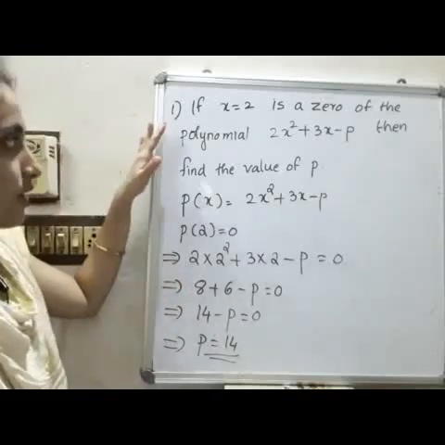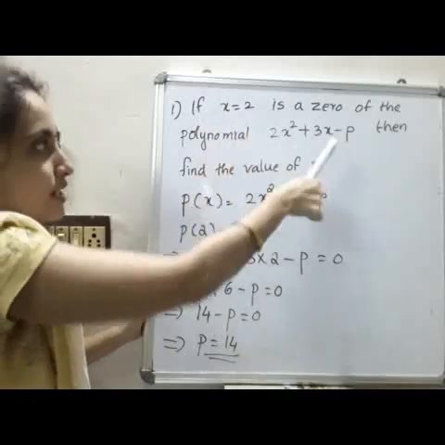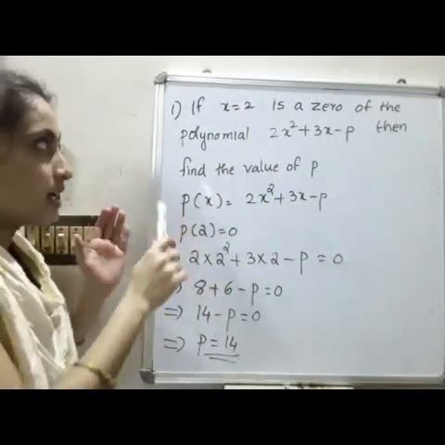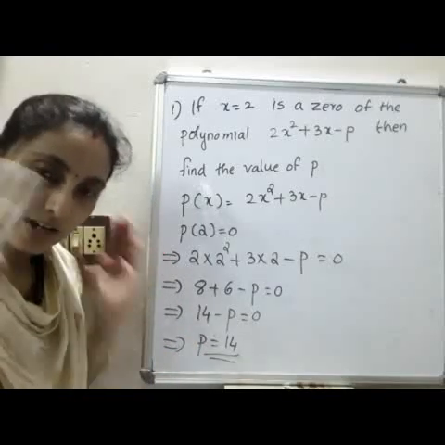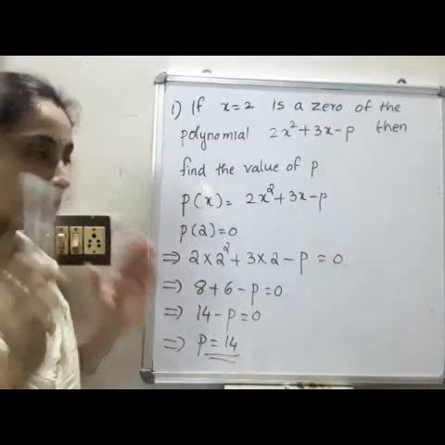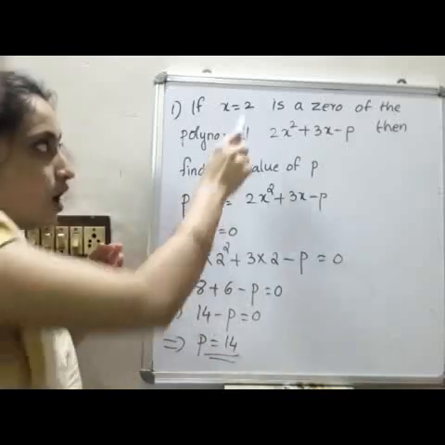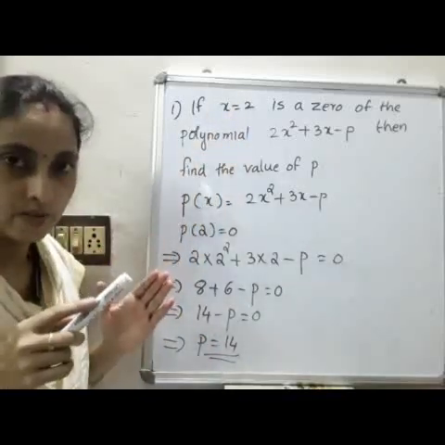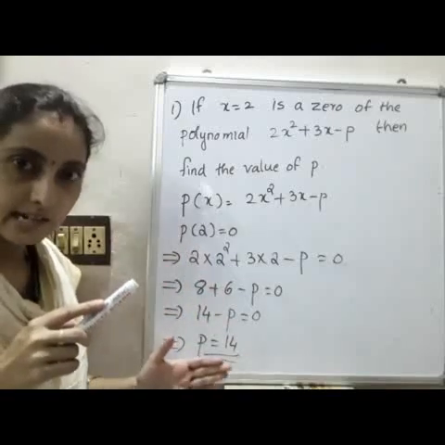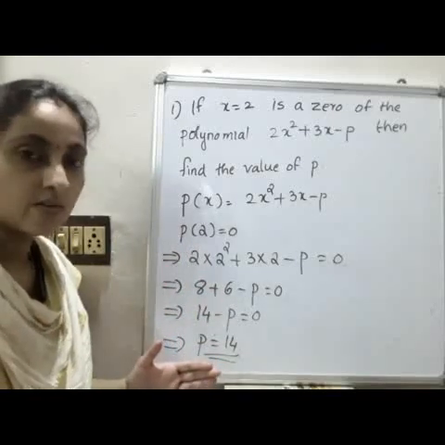So what you have to keep in mind is, if x is equal to 2 is a zero of the polynomial, it means P of 2 is equal to 0. That concept you have to keep in your mind. If you don't understand these things, the next section will be tough for you.